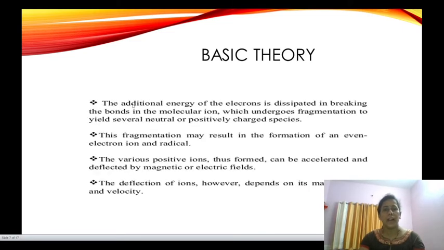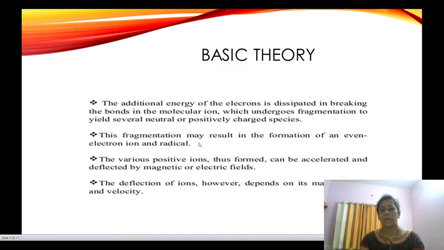Now, in additional basic theory, the additional energy of the electrons is dissipated in breaking the bonds in molecular ions, which undergo fragmentation to yield several neutral or positively charged species.